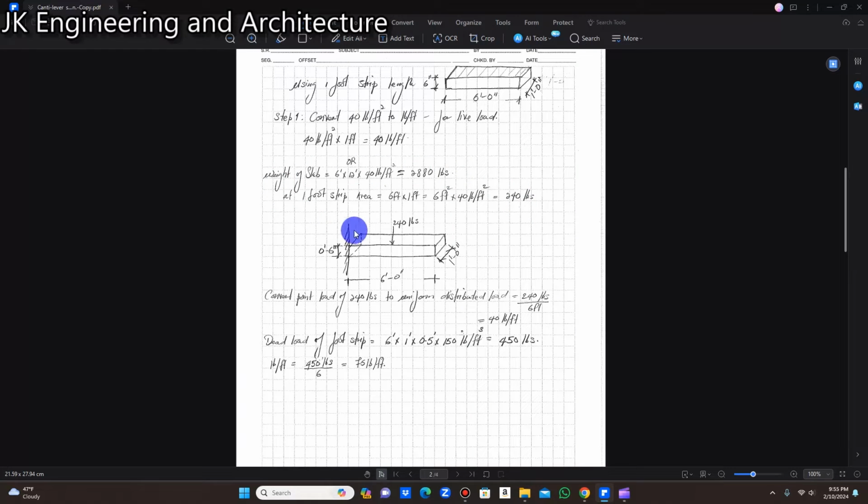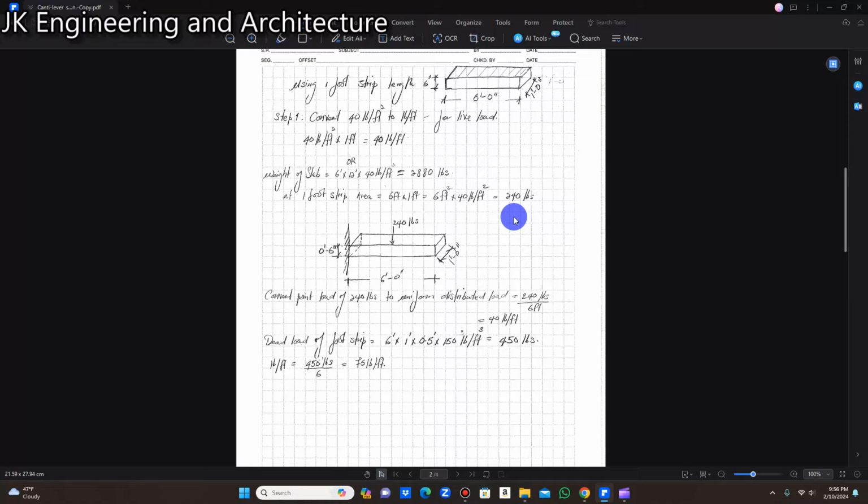So since we are working with a 1 foot length, the area of that 1 foot length is going to be this 6 feet here times 1 foot, which is 6 square feet, times 40 pounds per square foot, which is going to equal 240 pounds.